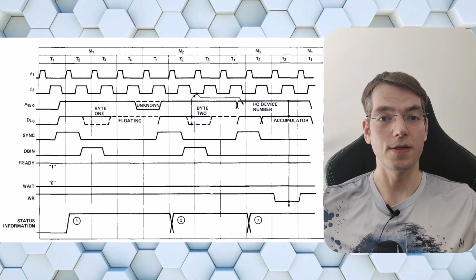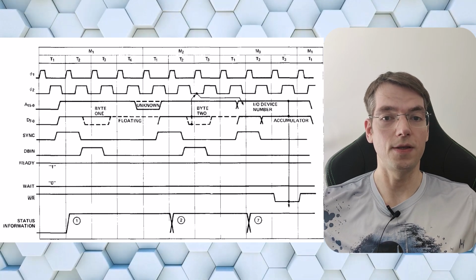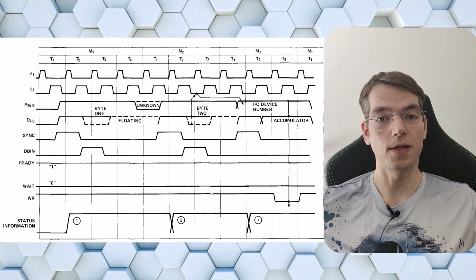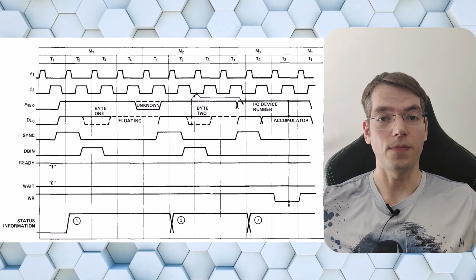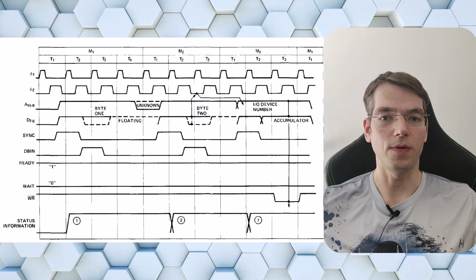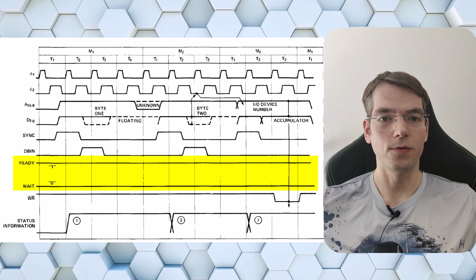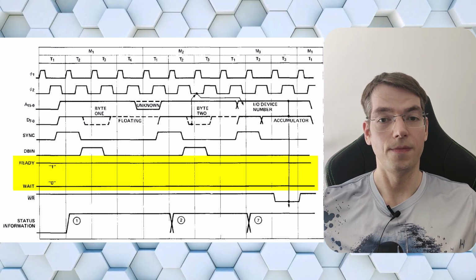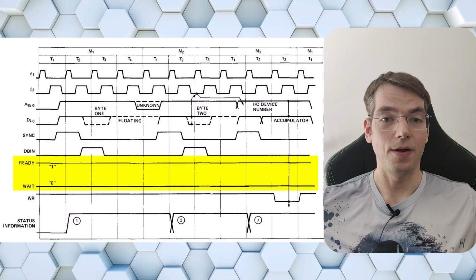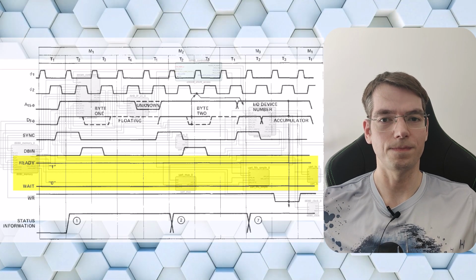Of course, in real systems it's much more complex, because I haven't covered interrupts or hold states, or the fact that usually memory is slower than the CPU, and that's why the CPU should wait until data from memory is available for read or write operations. But my memory is quite fast, so you can ignore that case.